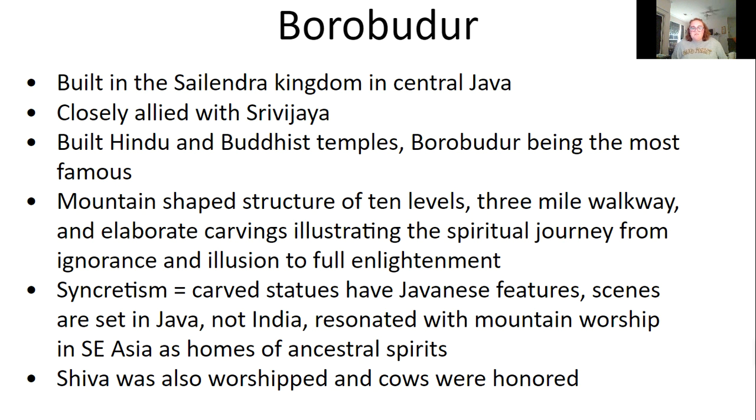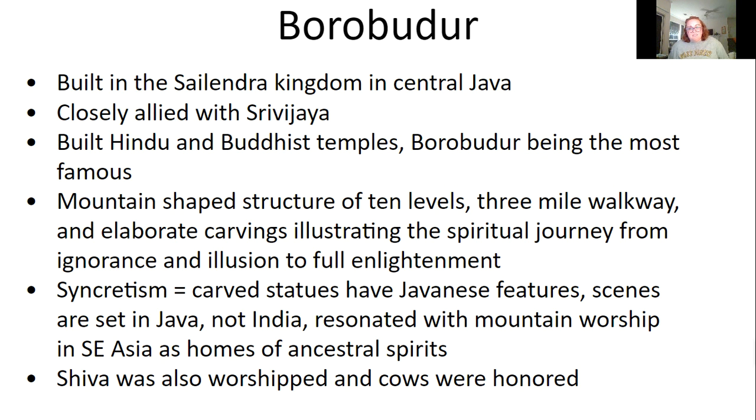You also have the Borobudur, and they built the Sailendra kingdom that is in central Java. And they were closely allied with the Srivijaya. They built Hindu and Buddhist temples, the Borobudur being the most famous of them. It's a mountain-shaped structure that has 10 levels that we saw.